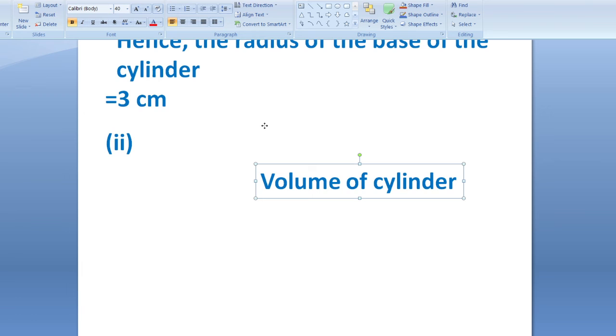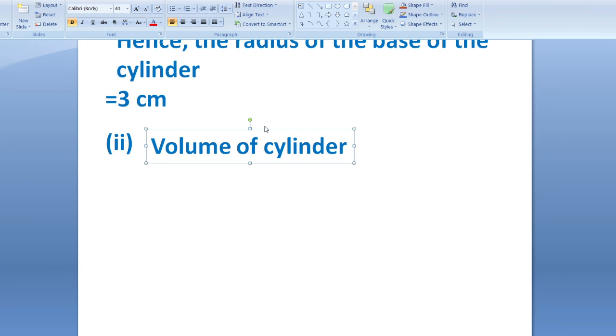So the second question is to find out volume of cylinder.